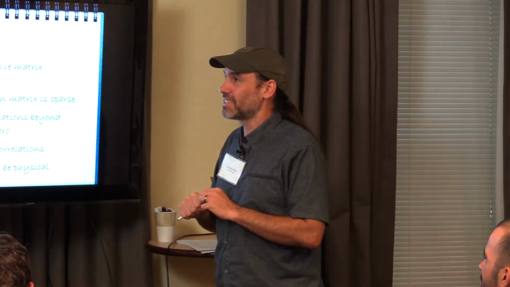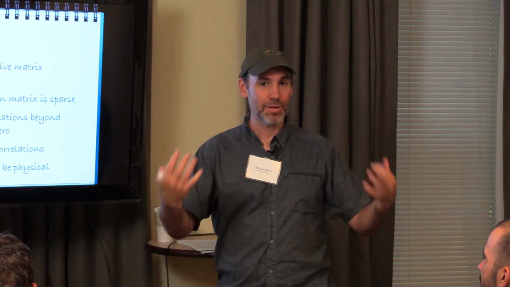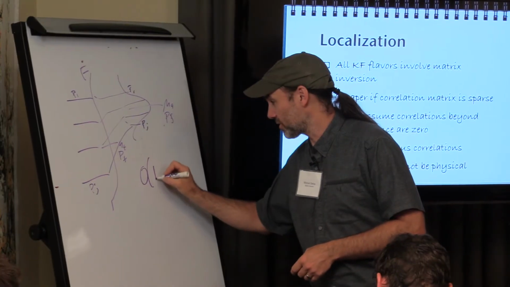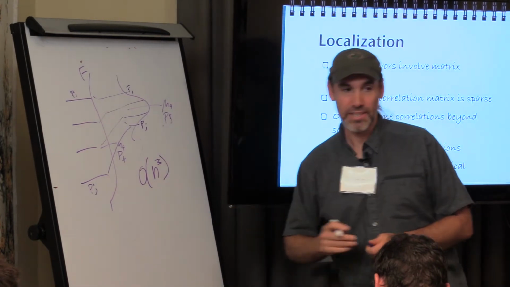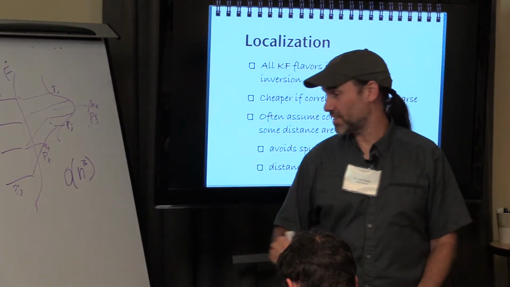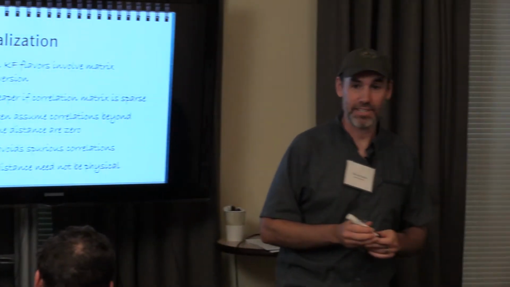The vanilla flavor for how computer scientists invert a matrix is what's called an order n cubed algorithm. And that means the time it takes to do this computer operation scales to the third power of the operation.